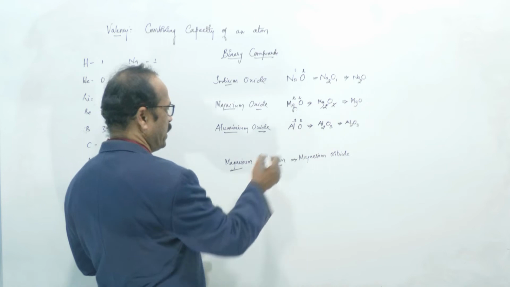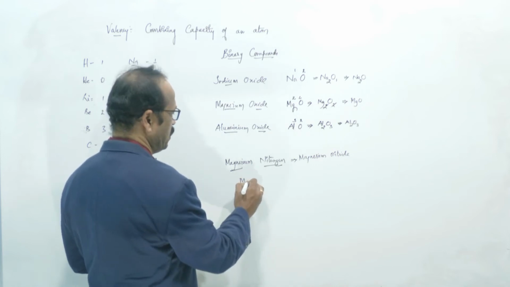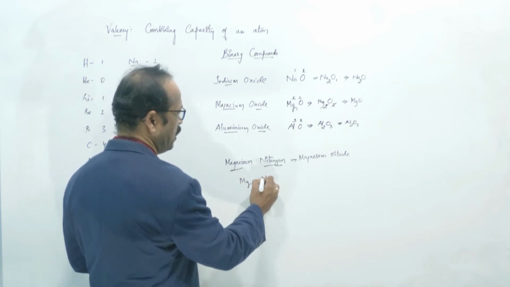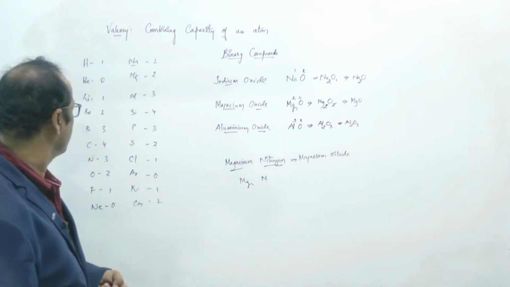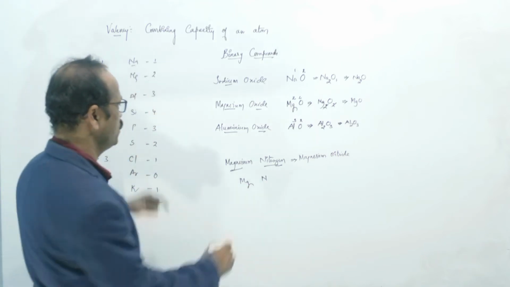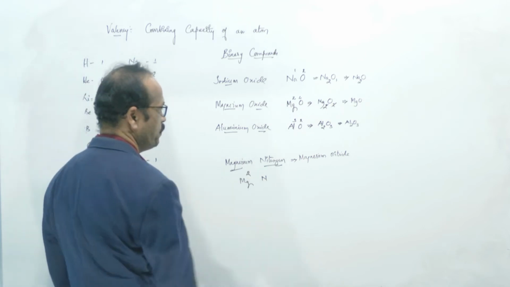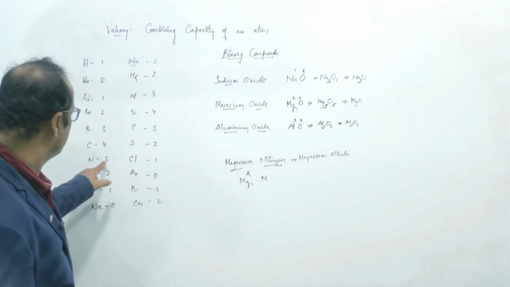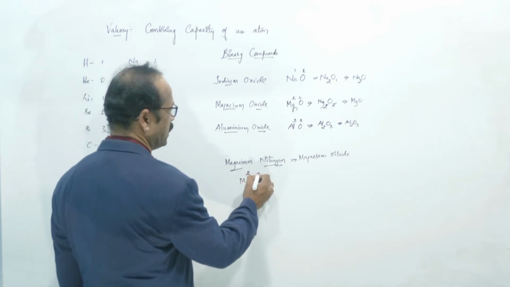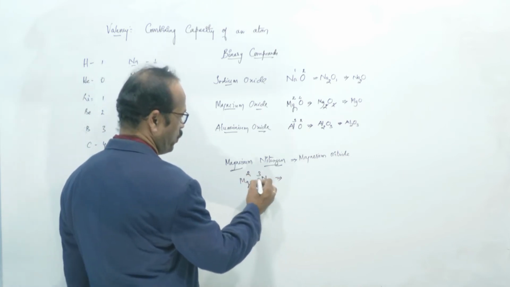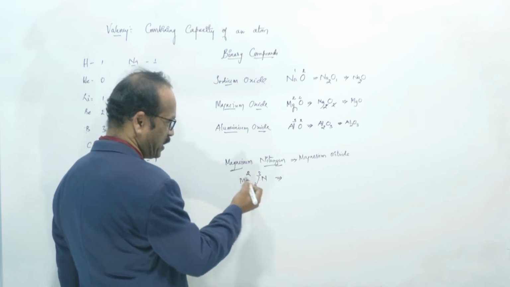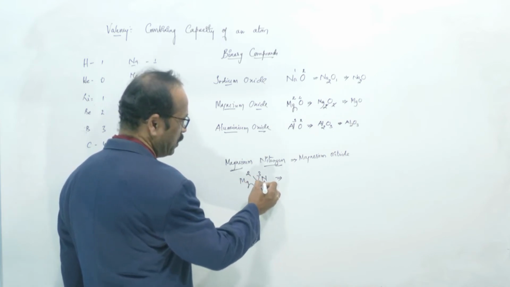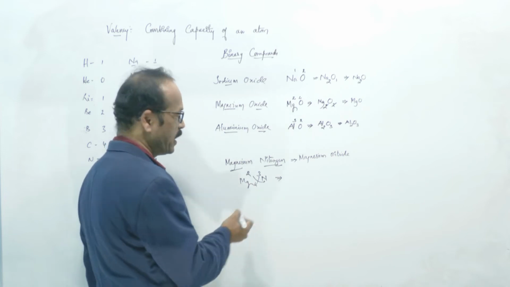Now what is the formula for this one? Same as usual. How did we write? Write the magnesium symbol Mg, nitrogen symbol N. This is the first step. Then second step, we write the valencies. What's the magnesium valency? 2. We write the 2 here. And nitrogen valency is 3. Then we crisscross them. We bring the nitrogen valency to magnesium and the magnesium valency to nitrogen.